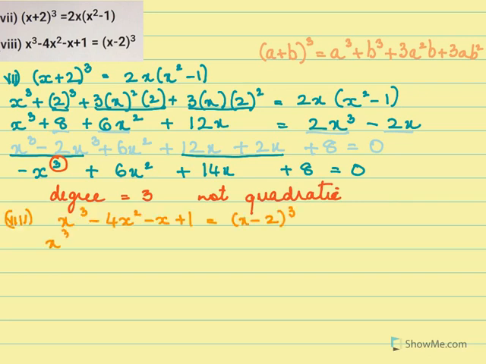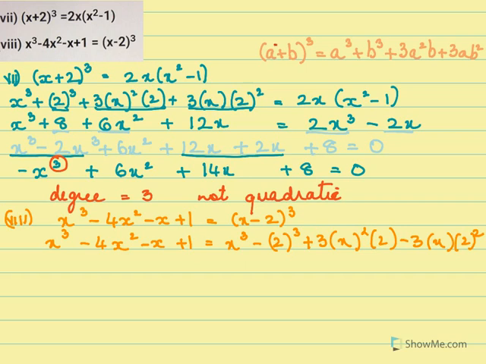Let's get on with the eighth one. So x cube minus 4x square minus x plus 1. I open the bracket again, x minus 2 the whole cube. So this is a cube minus 2 cube, plus 3 a square b minus 3 a b square.